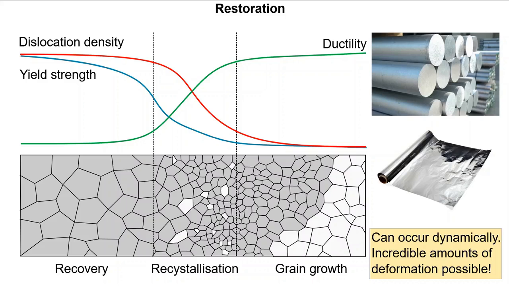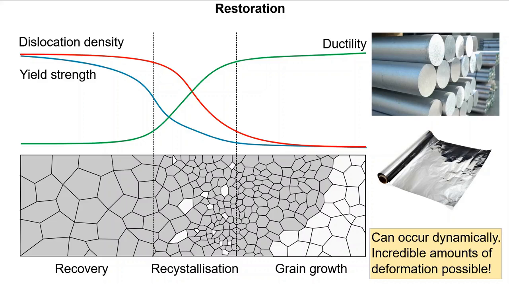However, if one were to start deforming materials at an elevated temperature, then you could have these mechanisms occur dynamically. Therefore, these mechanisms should be classed under the broader term of restoration, so they can be used to refer to processes that go on dynamically.